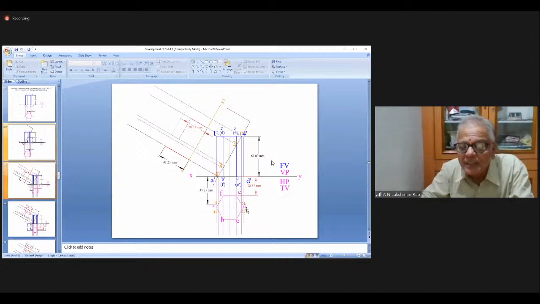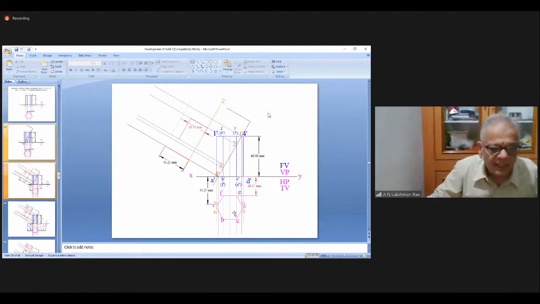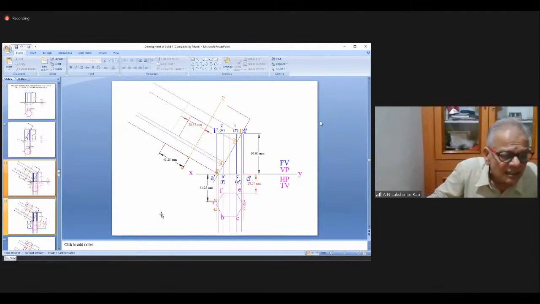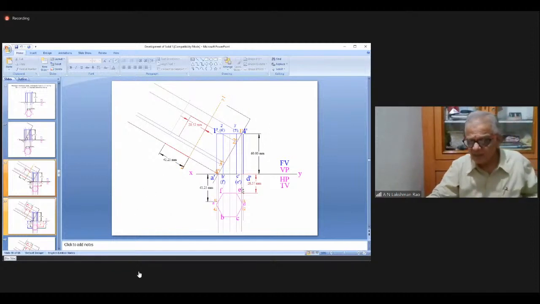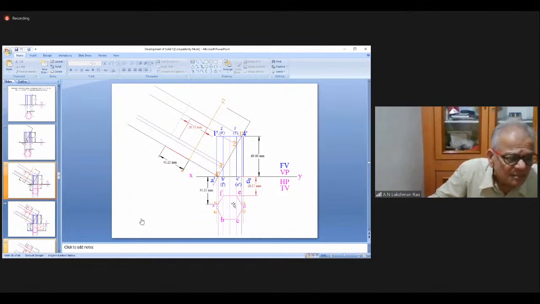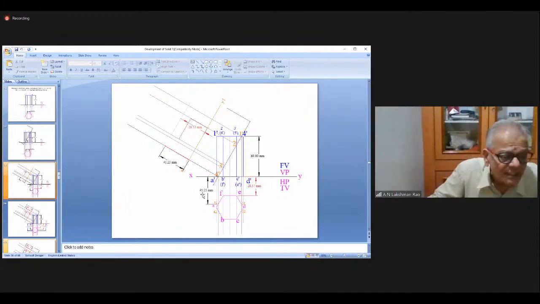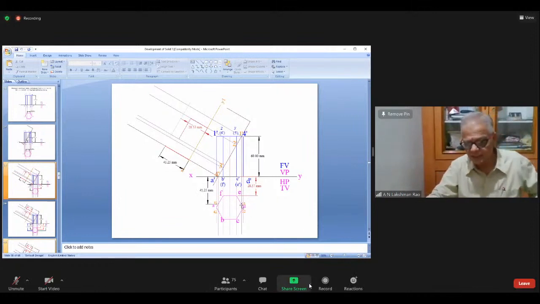Now, what about this D, please? What is the height of D? Same as 41.25 because it is a symmetrical figure. Very good. Somebody has said the same as A. Right.